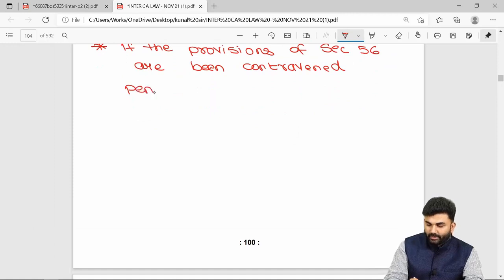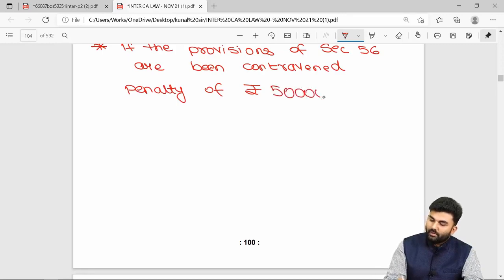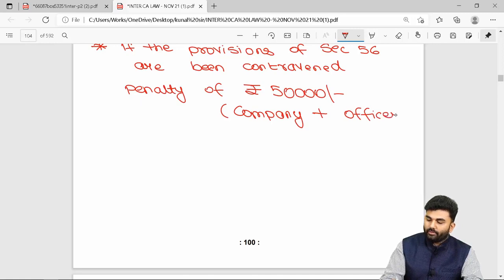Then there is a penalty of rupees 50,000 upon company as well as officer in default.